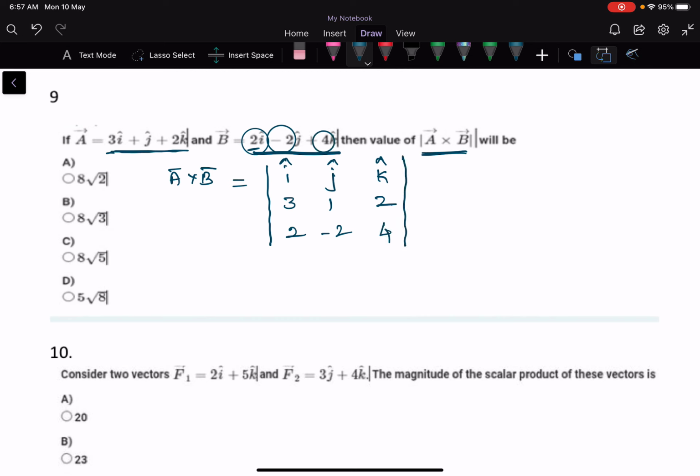So now A cross B is i into the determinant of a 2 by 2 matrix: i into 1 into 4 is 4, minus minus 2 into 2 is minus 4.